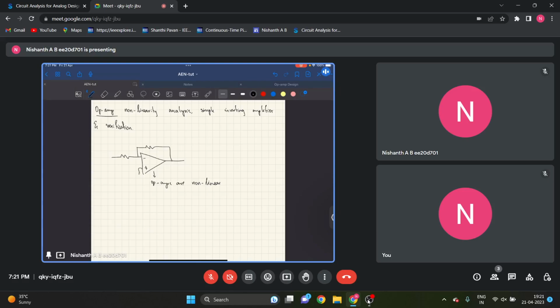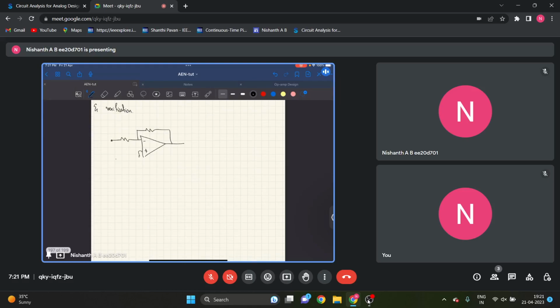You can call them linear, but all active elements like transistors and other blocks are mainly nonlinear elements. Okay, so our attention should always be on analyzing the op-amps. Try to understand the op-amp nonlinearity as best as possible. Okay. Now, let us say this is a simple non-inverting amplifier.